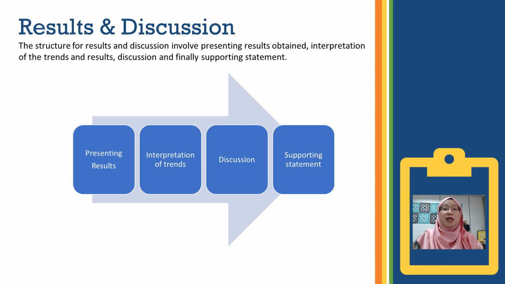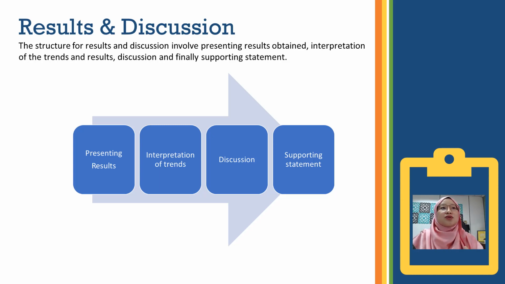You need to discuss why the trend is like that. Okay, what are the fundamentals that lie behind the trend? So you need to explain why it increased, and if it decreased, why it decreased, or if it fluctuates or is maintained. So just discuss the trend of your result.